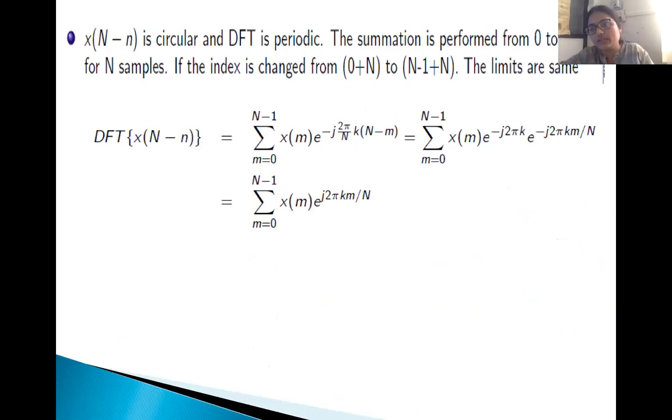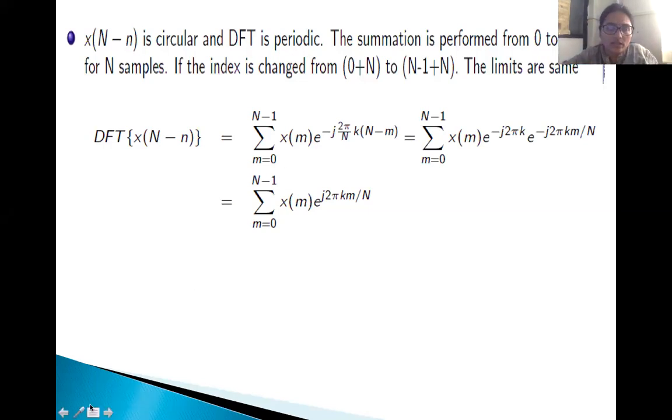Instead of writing the value from N to 1, because in the lower side we usually write the lower limit and in the upper side we usually write the upper limit. We want the complete sequence, or we want N number of values, so we have taken the index from 0 to N minus 1. The index of m will be 0 to N minus 1.